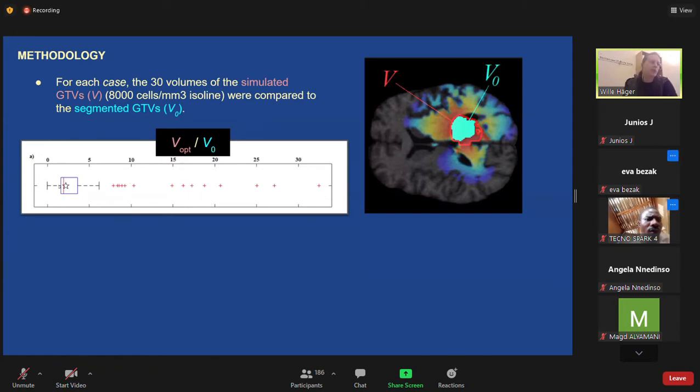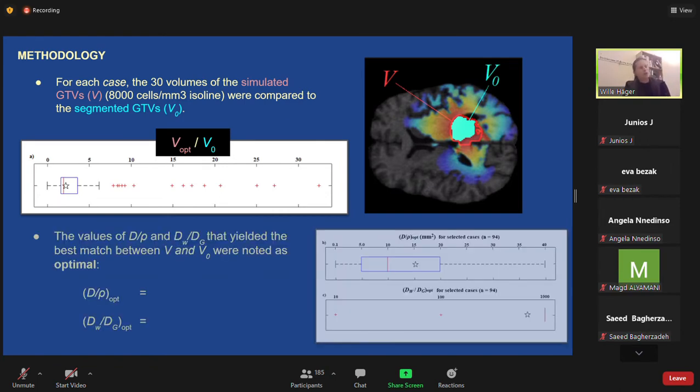Generally it is around 2, so basically the simulated tumor has twice the volume of the segmented tumor. We consider this okay, partly due to the skin effect, where if we add a couple of voxels around a sphere, it's going to drastically increase the volume. There were outliers though, and these were removed from further analysis.